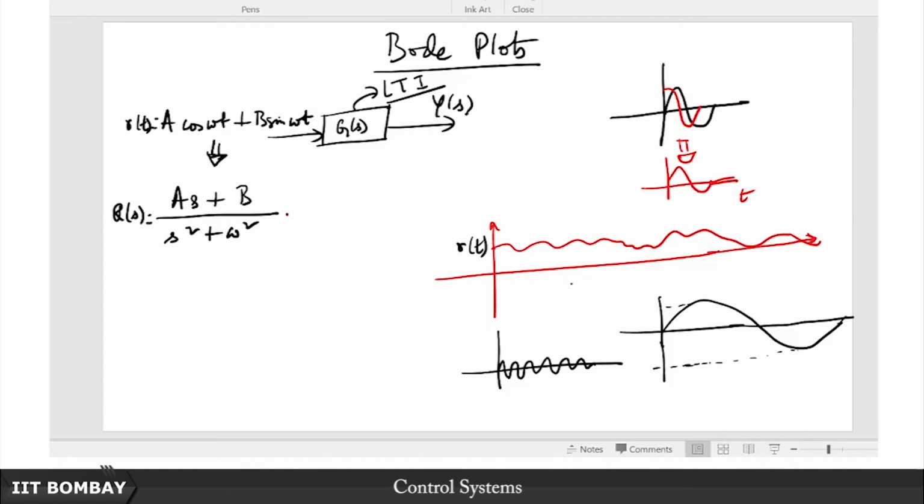So now it makes sense that if we can split this signal up into these different components, and if we can tell how this particular system amplifies or attenuates each and every signal of different frequency, then we might have some idea. Then we add up the responses after passing each of these individual components through this block, whatever this block spits out, I will have some idea about what the response to this arbitrary signal will be like.